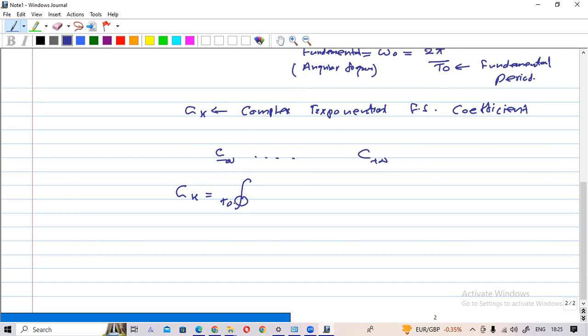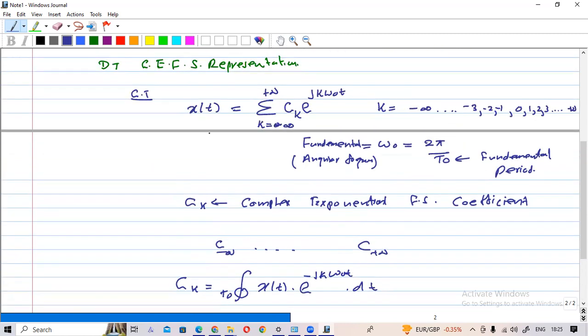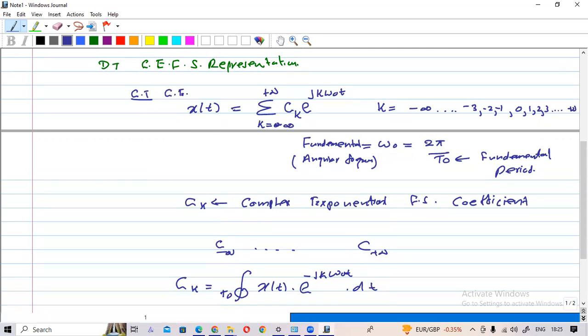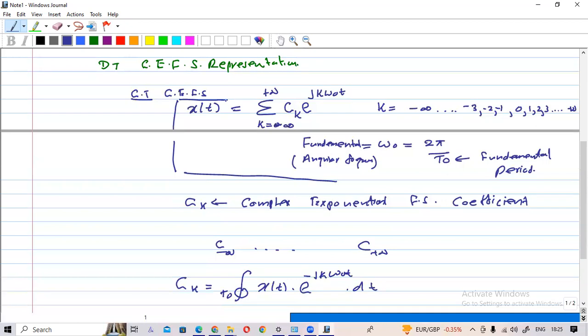The given signal should be multiplied by e to the power of minus jk omega naught t and integrated over the period. So this is the continuous time complex exponential Fourier series representation.